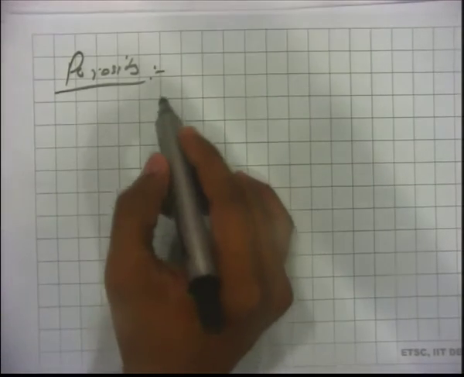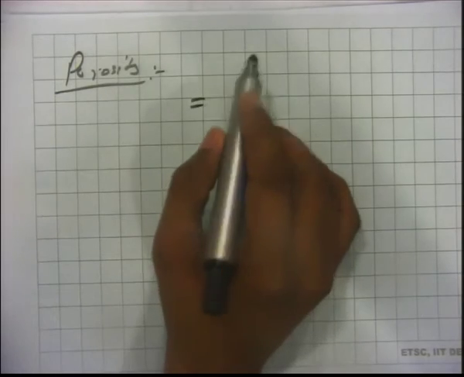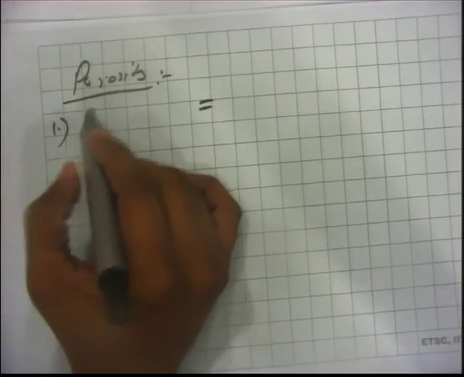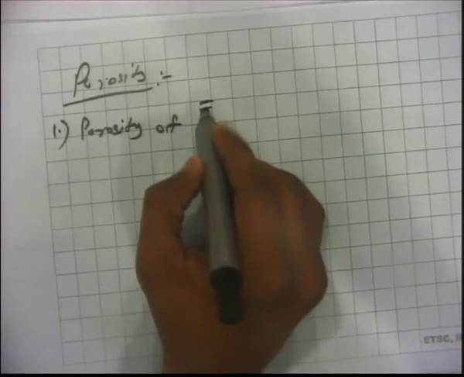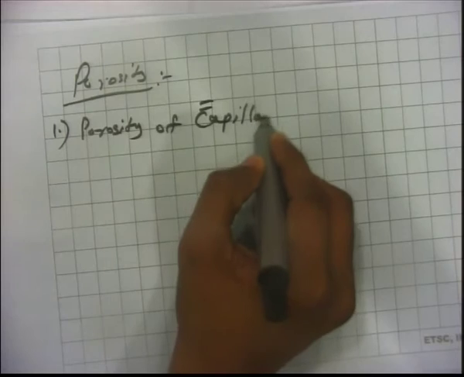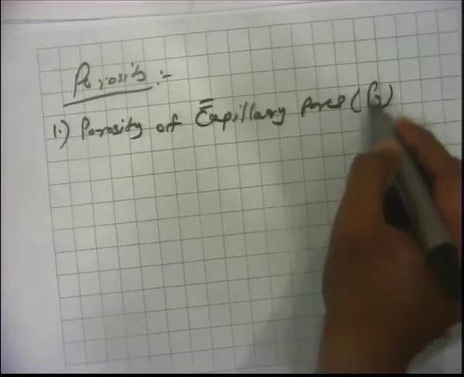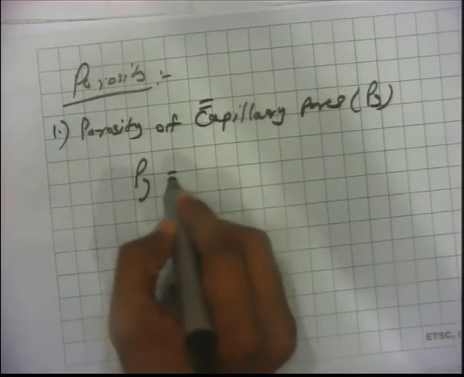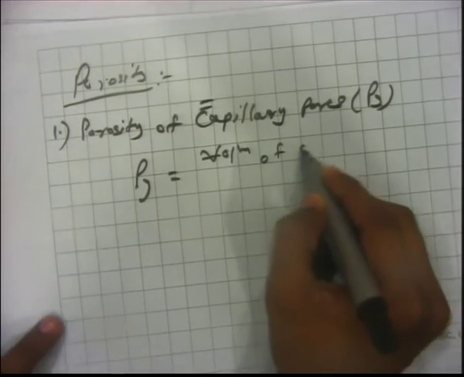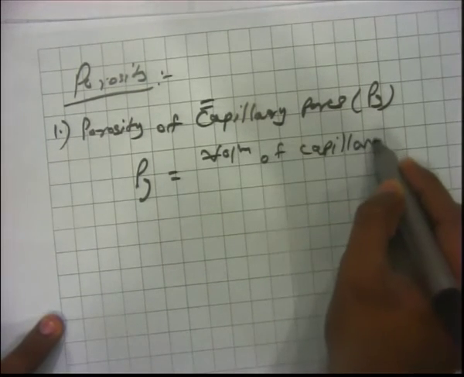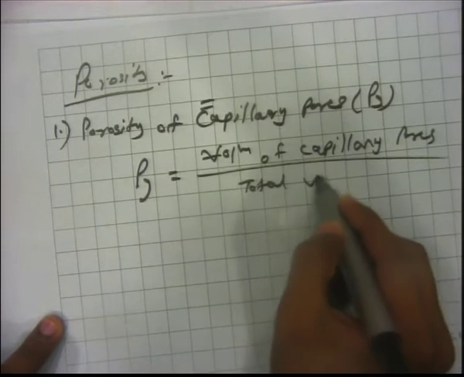For porosity, we will just have to put these different types of volumes in the formula of porosity. So, first let us say porosity of capillary pores, say Pc. So, Pc will be nothing but the volume of capillary pores, total capillary pores, divided by total volume of cement paste.